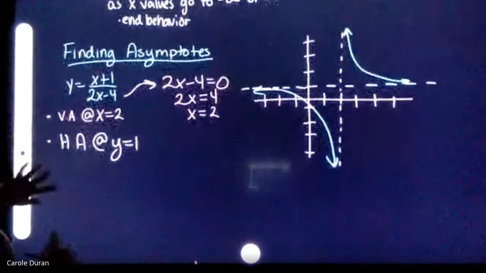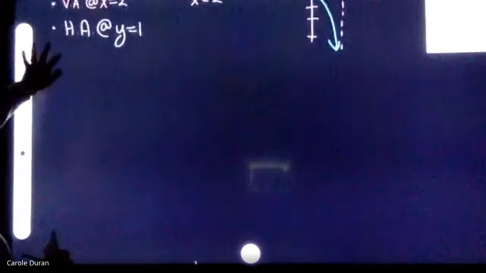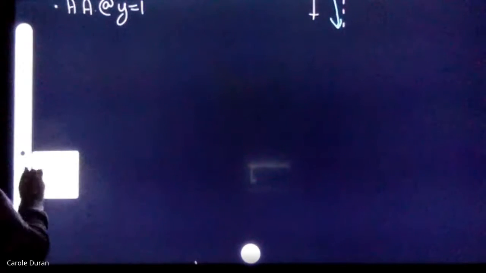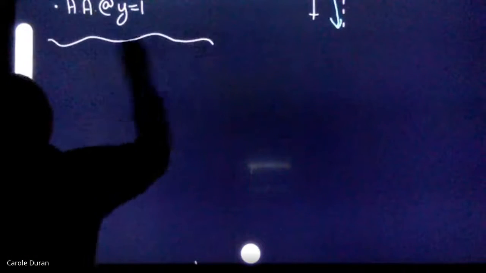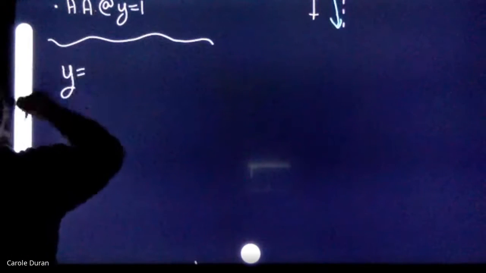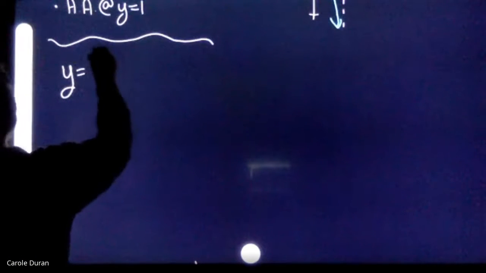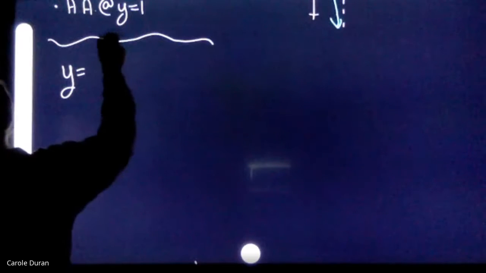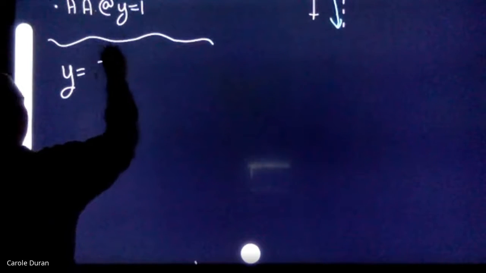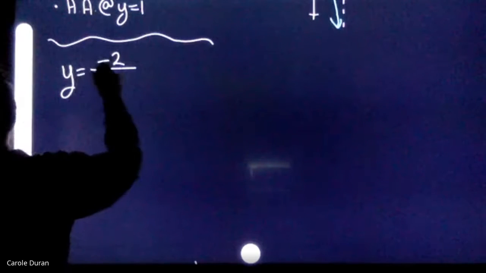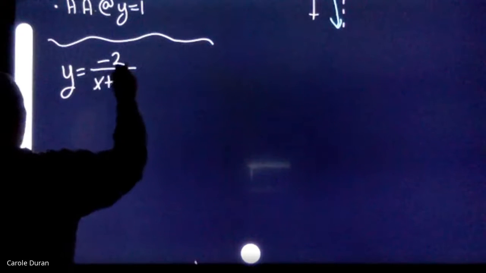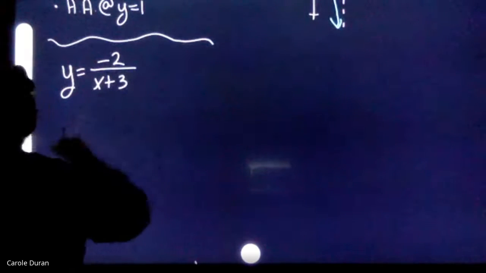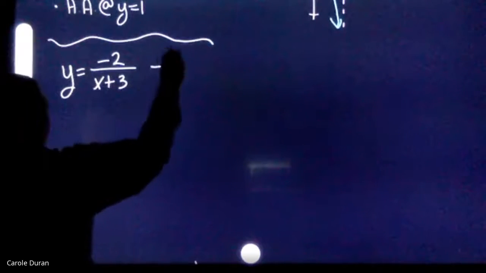So let's keep going. I'm going to draw another one for you, and you're going to identify any vertical or horizontal asymptotes that occur. So this one is the rational function y equals -2 over x plus 3, and that's all minus 1.